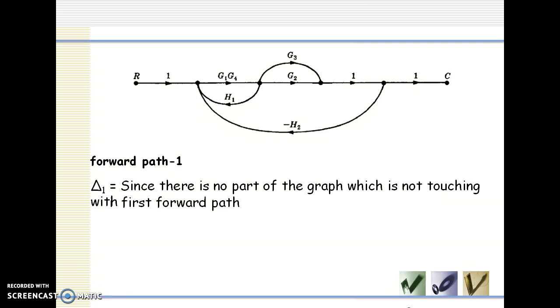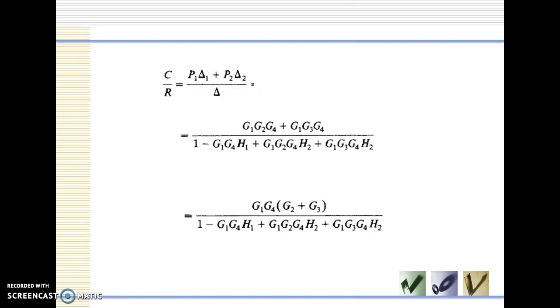Next is the calculation of delta 1 and delta 2. In forward path 1, there is no part of the graph which is not touching the first forward path, so delta 1 is equal to 1, and delta 2 is also equal to 1. So our equation reduces to C by R equal to P1 delta 1 plus P2 delta 2 by delta, with delta 1 and delta 2 equal to 1.